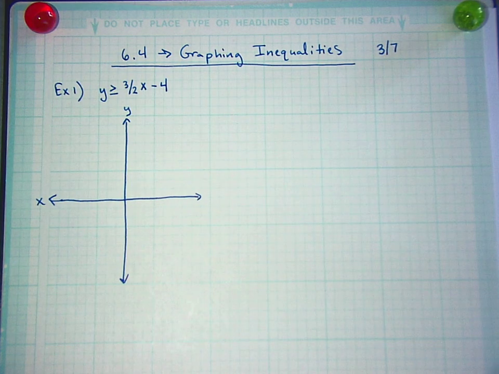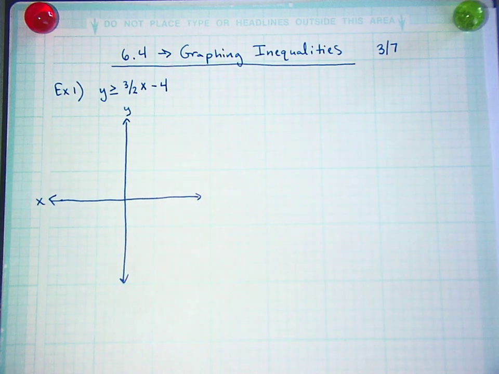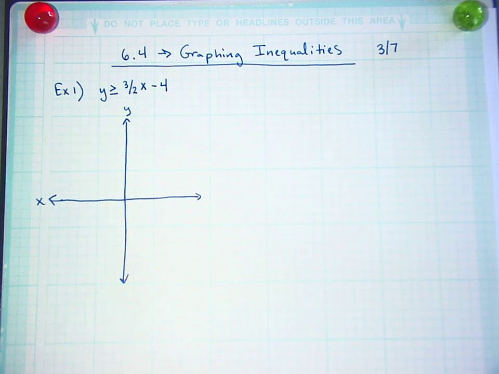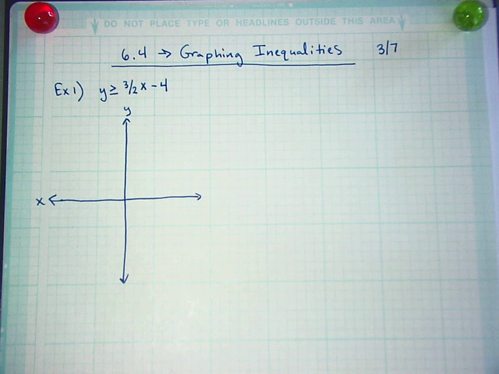So we're going to be graphing inequalities today. Can somebody raise their hand and tell me, how would you graph this if this was an equals to? How would you graph this with just a straight line? Where would you start? You took a test on this last chapter.